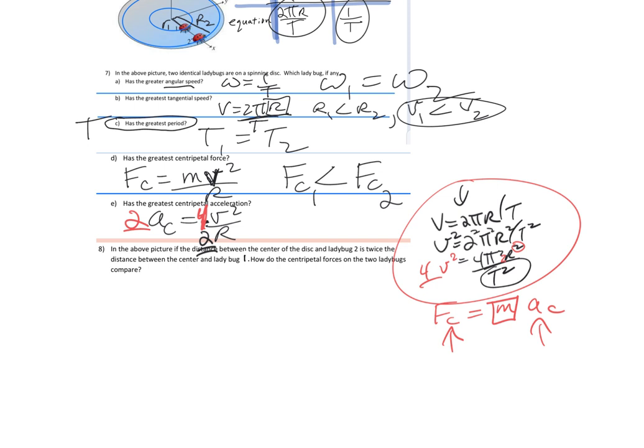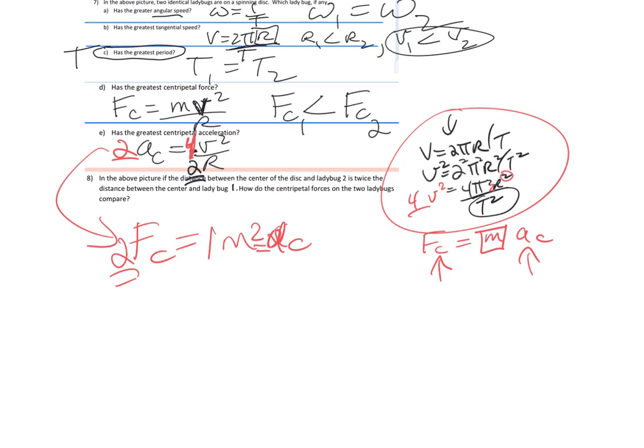The centrifugal force would be twice as much because AC is twice as much from figuring it out here. So the mass is the same, so FC would have to be twice as much. It's kind of tricky.